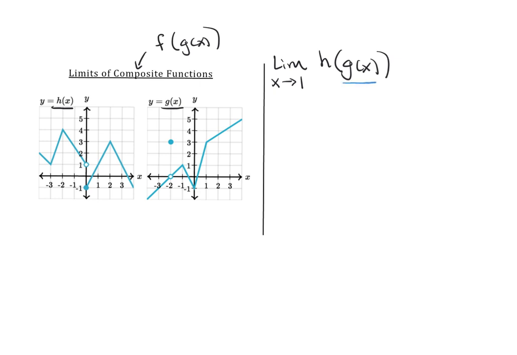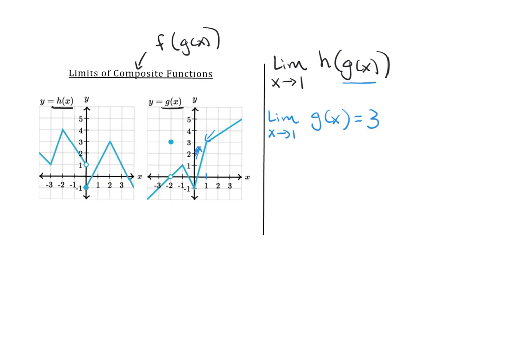So let's think about that inner function. I'm going to think about the limit as x approaches 1 of the inner function. So what is that? Of g of x. Let's go to the g of x graph, and we're approaching 1. From the left and from the right, they're both approaching 3.